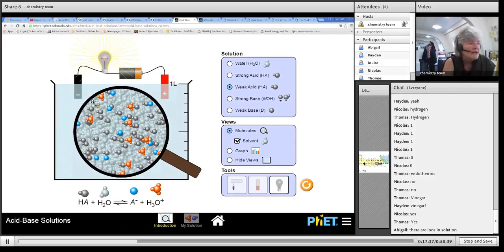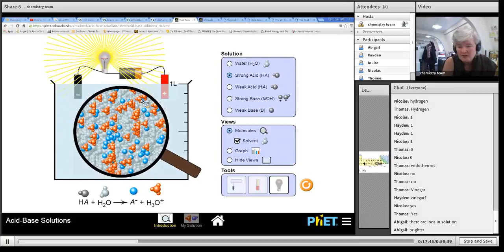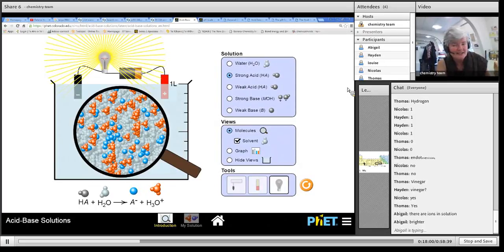Okay, if I have a strong acid, what's happened to the light bulb? Yeah, it's brighter. Do you think I've got more electricity being conducted there, a greater current or a smaller current?